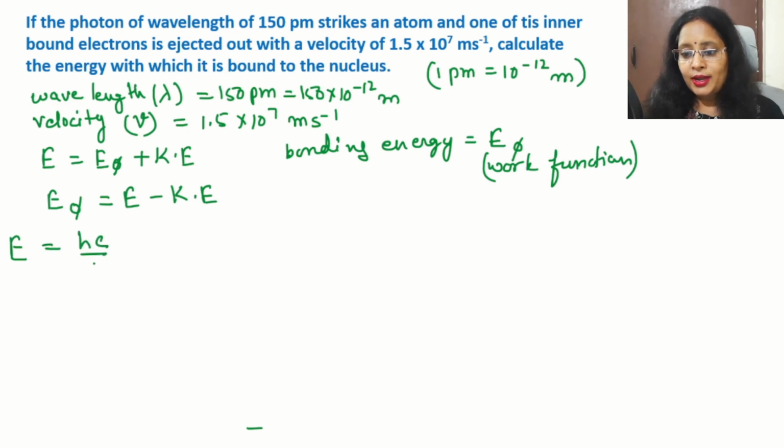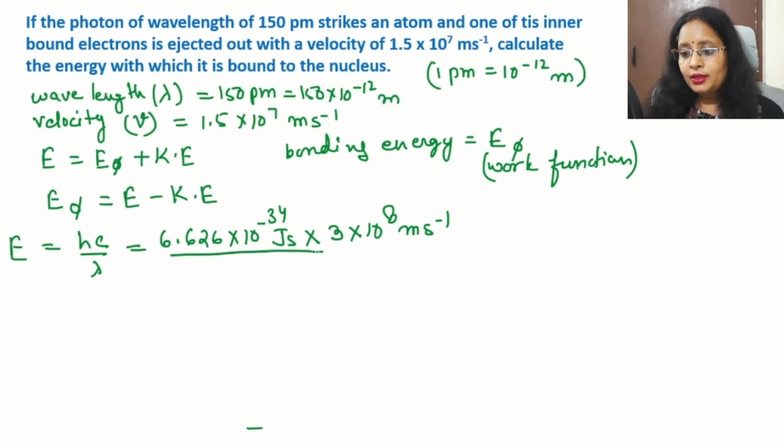It is hc by lambda. h is Planck's constant, its value is 6.626 into 10 to the power minus 34 joule second, multiplied by the velocity of light, its value 3 into 10 to the power 8 meter per second, and lambda is the wavelength given, 150 into 10 to the power minus 12 meter.